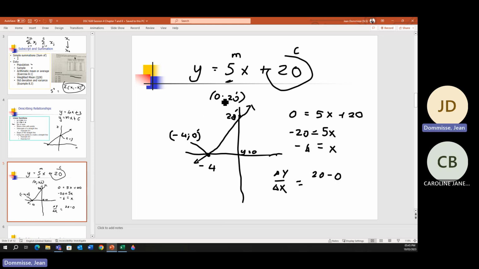The difference in x, so we say 0 minus 4. So we have 20 over 4, which would give us the 5. So that is also a way that we can work out that 5, by the change in the two numbers.